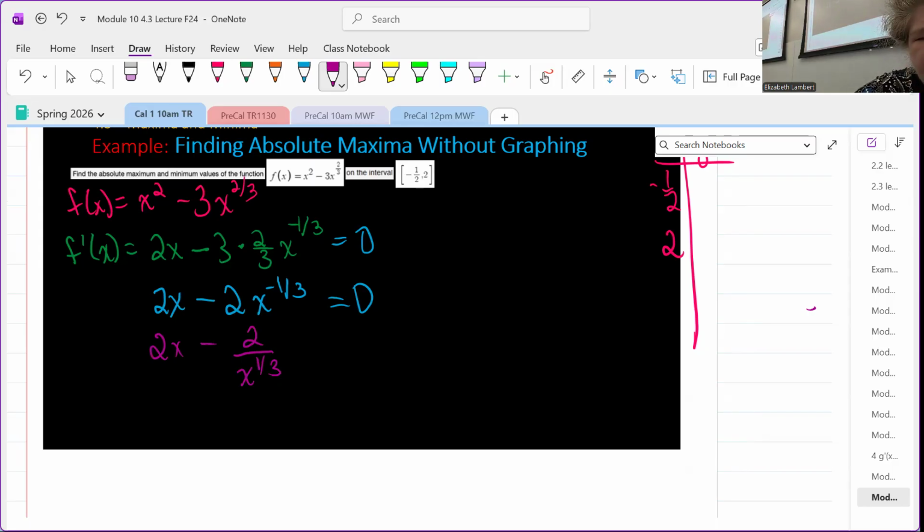So x to the negative 1/3 is the same as dividing by x to the positive 1/3. So I'm going to combine these two terms. So this gives me 2x to the 4/3 minus 2 all over x to the 1/3. And let me rewrite that because that is god awful written. 4/3.